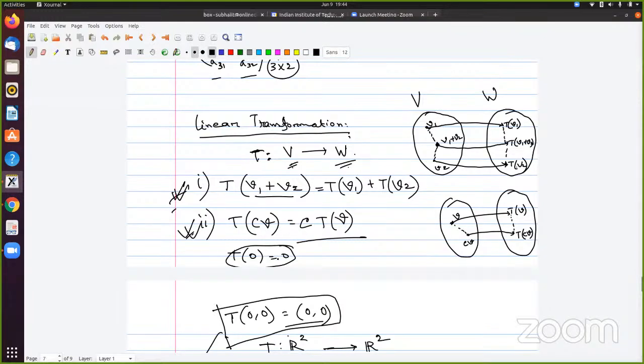There is no other chance. 0 cannot go anywhere else. So it is better, whenever you start with a transformation, to see whether 0 is going to 0 or not. If 0 is going to 0, then you come to checking properties 1 and 2. If 0 is not going to 0, then there is no point in checking 1 and 2, because they will not be satisfied.